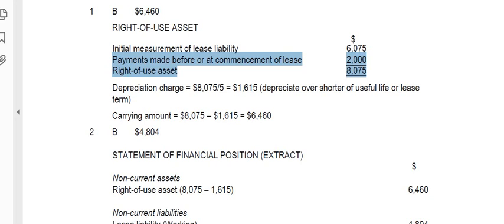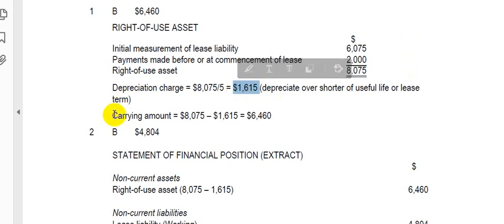So 8,075 divided by 5 gives us depreciation of 1,615. We get the carrying amount, cost minus depreciation, to give us 6,460 as the closing balance of the right of use asset at the 31st December X1.